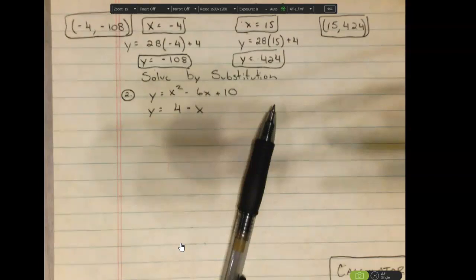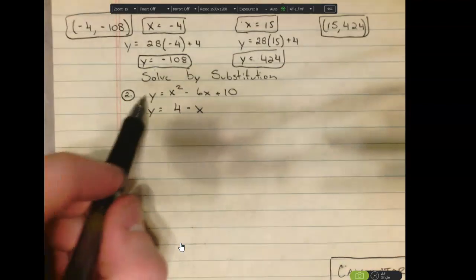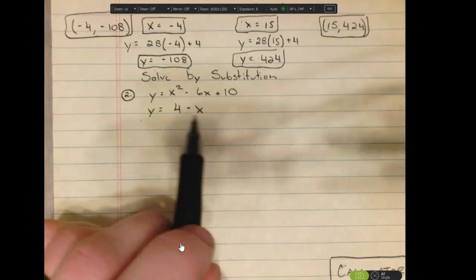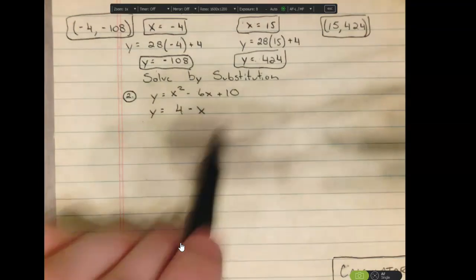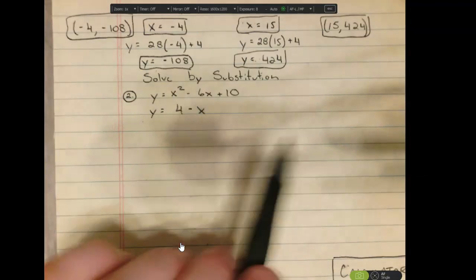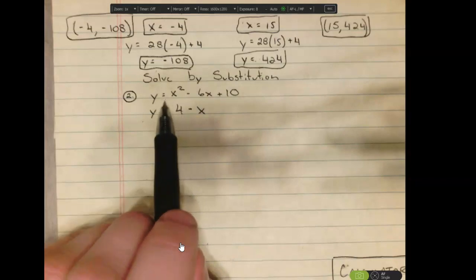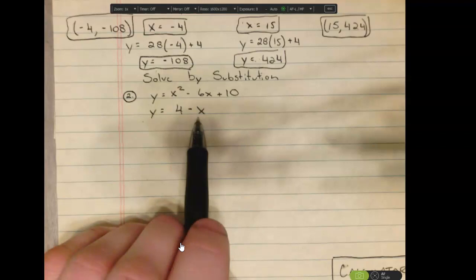Whenever we solve through substitution, we're doing exactly like it says. We are just substituting in for one of the variables. So whenever I substitute, I want to get one of my equations where it's y equals or x equals. And the nice thing with where we're at in algebra right now is almost all of these that you saw are going to already be y equals.